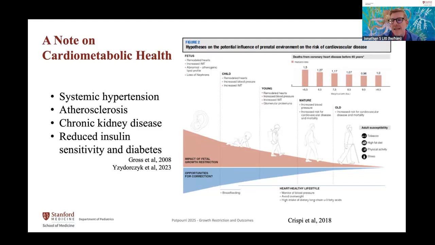This figure is a bit busy, and it comes from a nice review paper thinking about the possible influences of growth restriction on health over time. I do think it's interesting to note that the likelihood of death from coronary heart disease, even before 65, so a premature death, is higher for infants who are born smaller.